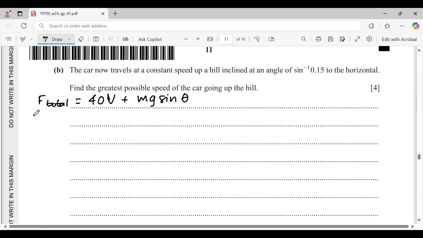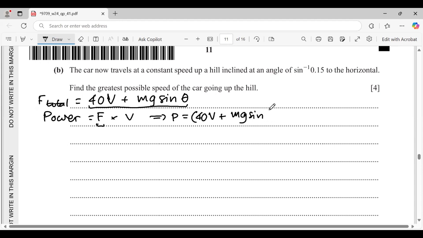Right, let's continue. Now we're going to use the formula power equals force times speed. So P equals (40v plus mg sin theta) times v, times this velocity.